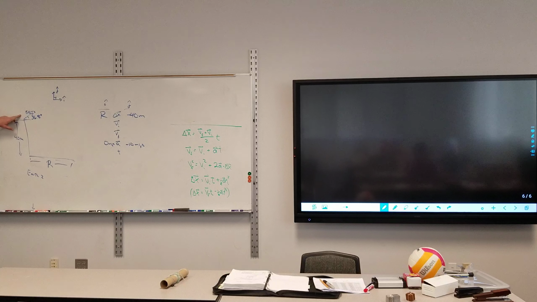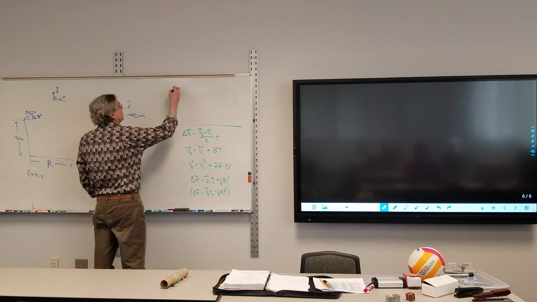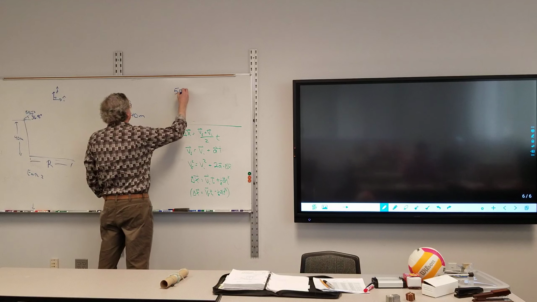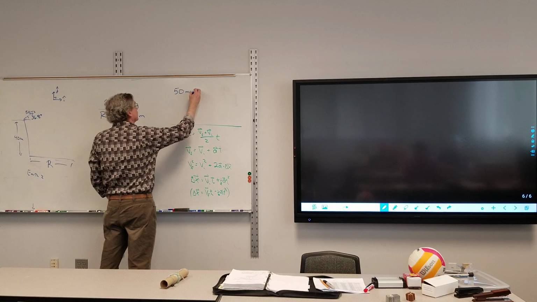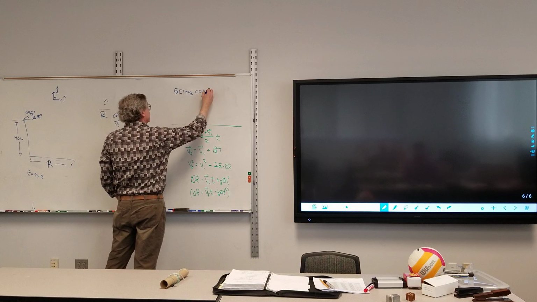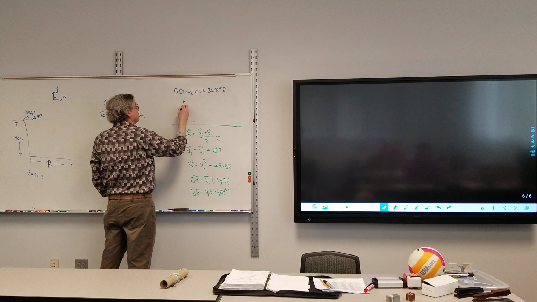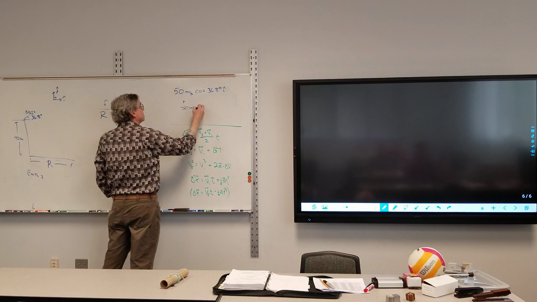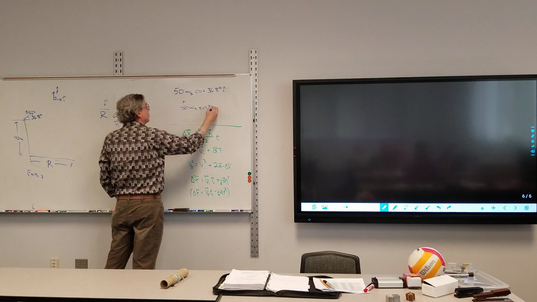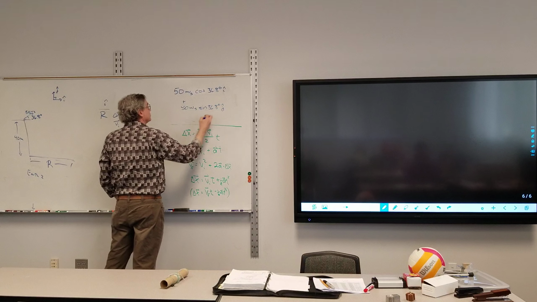I know my initial velocity is 50 meters per second at this angle, but I need to put it in terms of I hat, J hat. So 50 meters per second times the cosine of 36.8 degrees, I hat, plus 50 meters per second times the sine of 36.8 degrees, J hat.